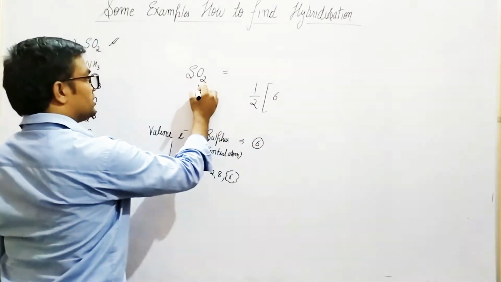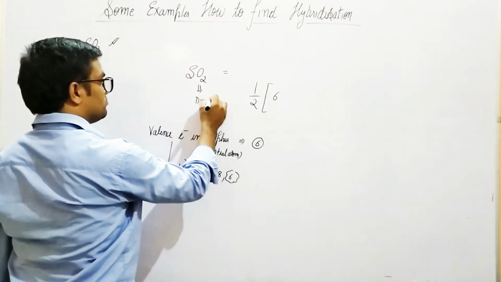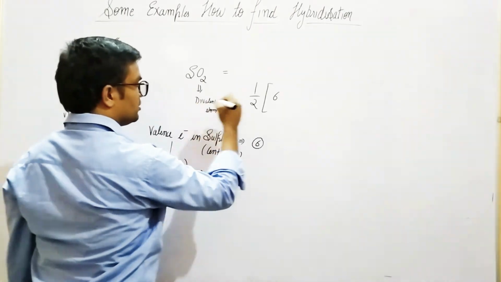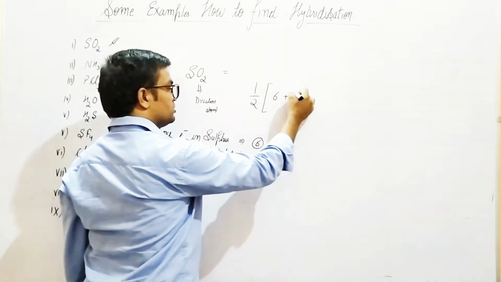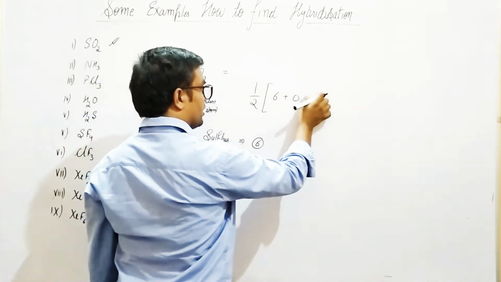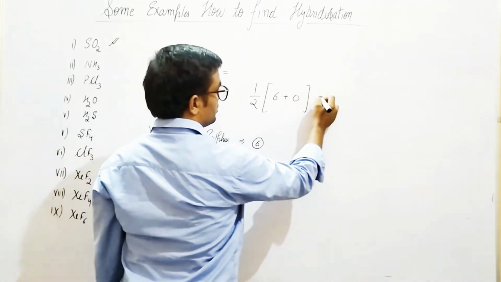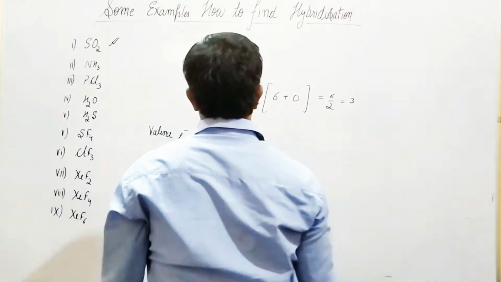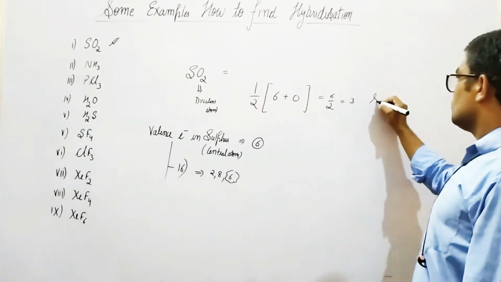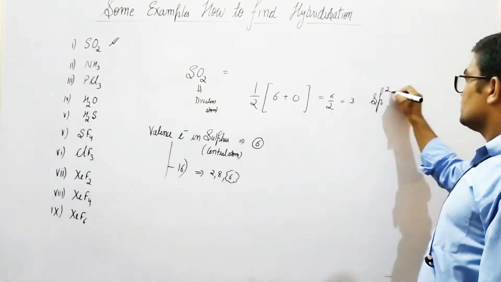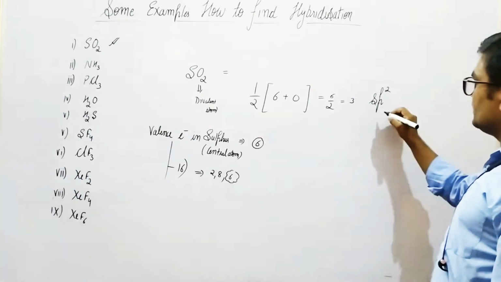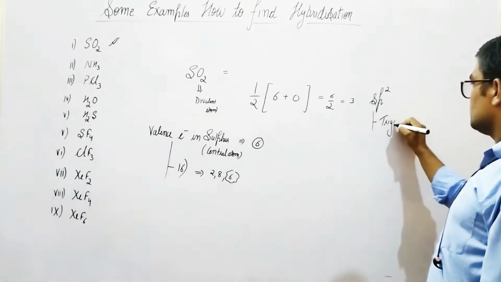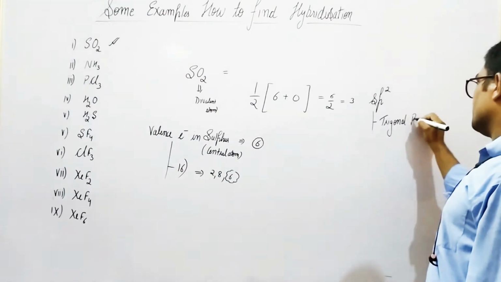Since oxygen is a divalent atom, there is no cation and no anion, hence 6/2. It comes out to 3, and 3 means it has sp2 hybridization, and sp2 hybridization means it has trigonal planar geometry.